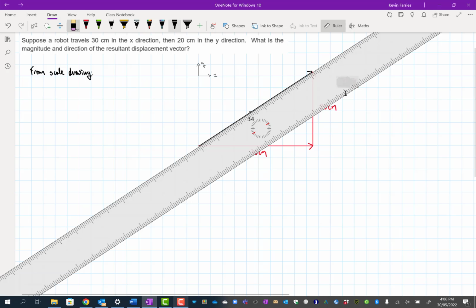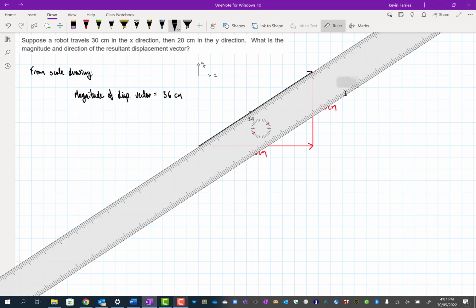They've asked for magnitude, so let's write it in terms of magnitude. The magnitude of the displacement vector is equal to 36 centimeters, since we're working in centimeters.